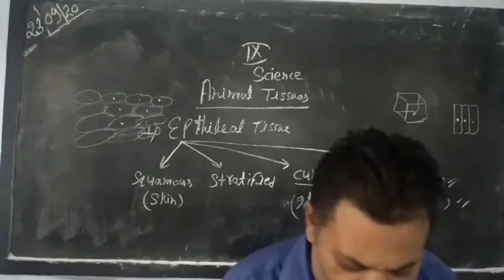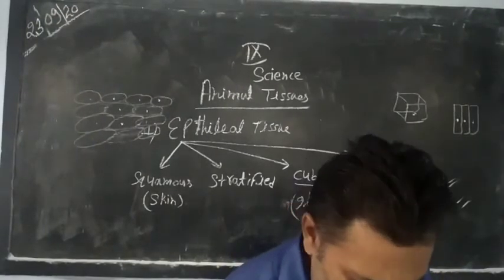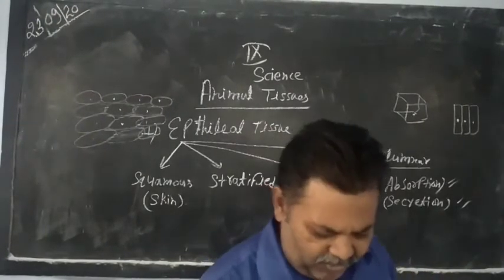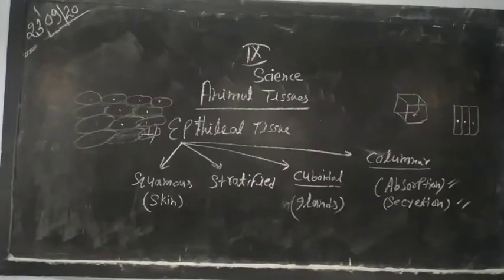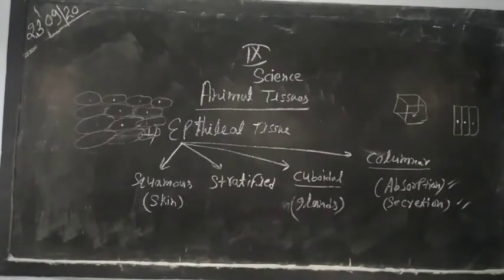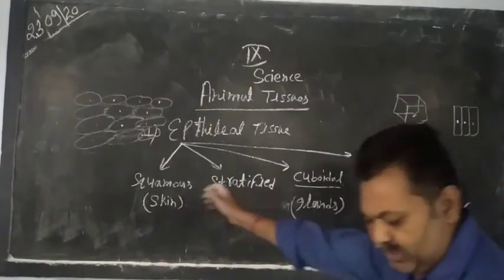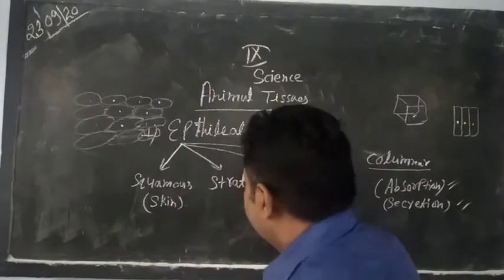Connective tissue is of the following types. We have to discuss these tissues one by one.